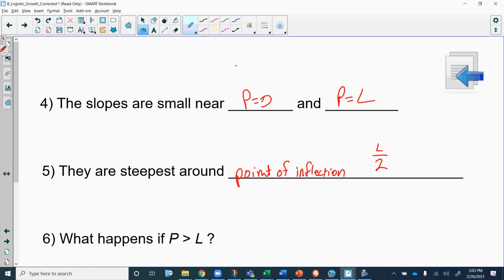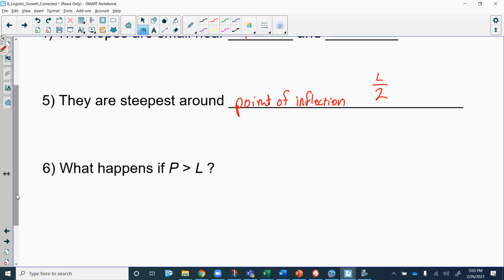And what happens if P is greater than L? I don't remember if I had anything here. I don't think I do. What happens if P is greater than L?